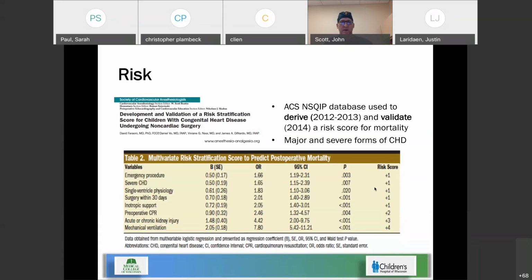As you can see here, emergency procedure, severe congenital heart disease, which they listed as cardiomyopathy or profound ventricular dysfunction, single ventricle physiology, surgery within 30 days of the procedure, previous surgery, the need for vasoactive support prior to the procedure, preoperative CPR, acute kidney injury, and the need for mechanical ventilation were all highly significant and generated some weight for the risk scoring system based on that.